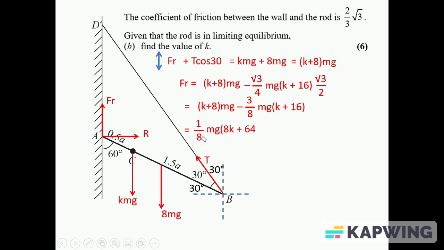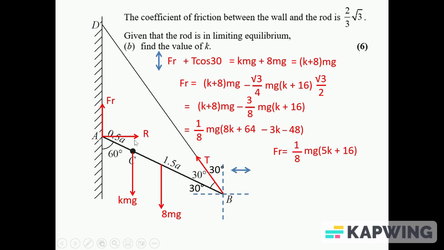Now I can write this as 1 over 8 mg. I'll need to multiply that by 8 because I've got 8 in front. So this is 8k plus 64. And the other term, well, I've got 3 left over, so I'll do minus 3 times (k plus 16). And that gives me 5k plus 16 inside the bracket.